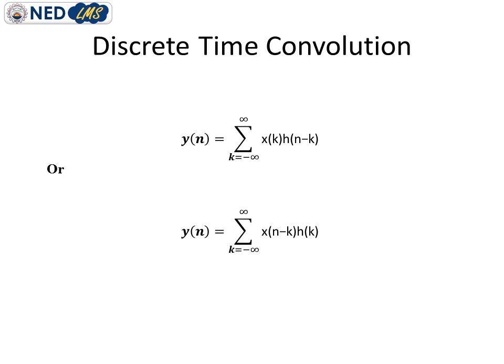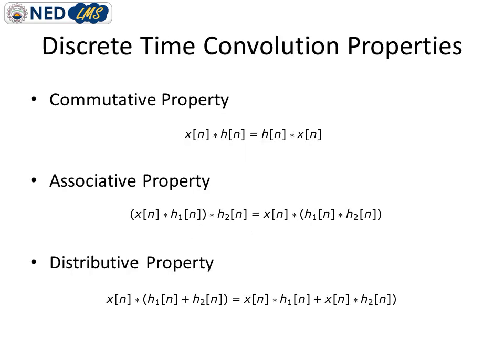We will get the same output in both cases. The convolution operation satisfies a number of useful properties, some of which are listed on the slide. The first is the commutative property, which states that if x of n is a signal and h of n is the impulse response, then we can convolve x of n with h of n, or h of n with x of n, and we will get the same result.